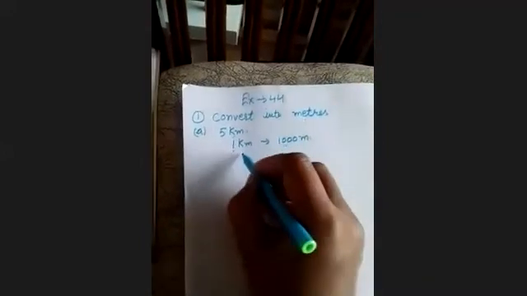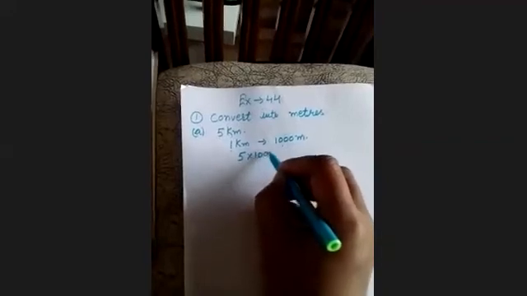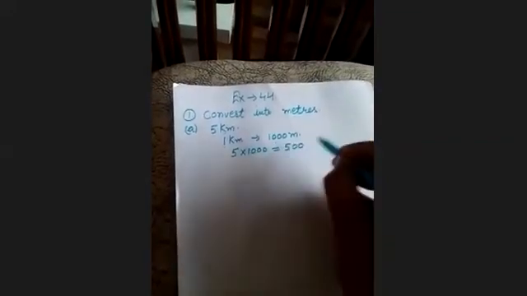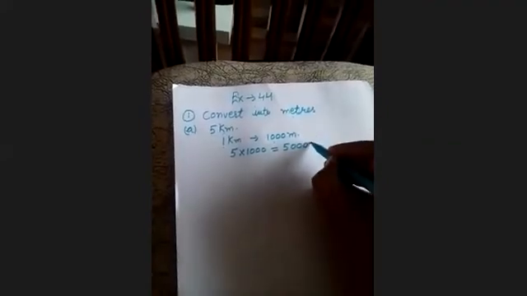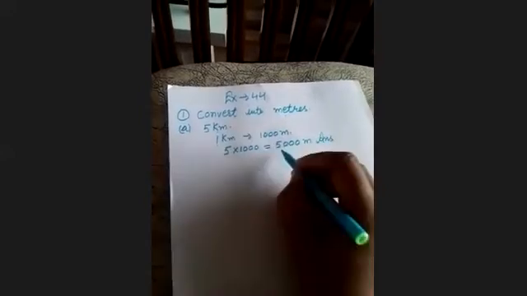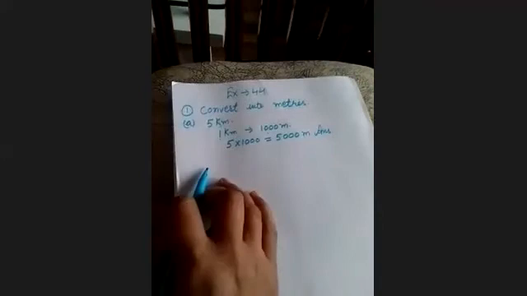So to convert 5 kilometer into meters, we will multiply 5 by 1000. 5 multiplied by 1000 is equal to 5000. So our answer is 5000 meters.